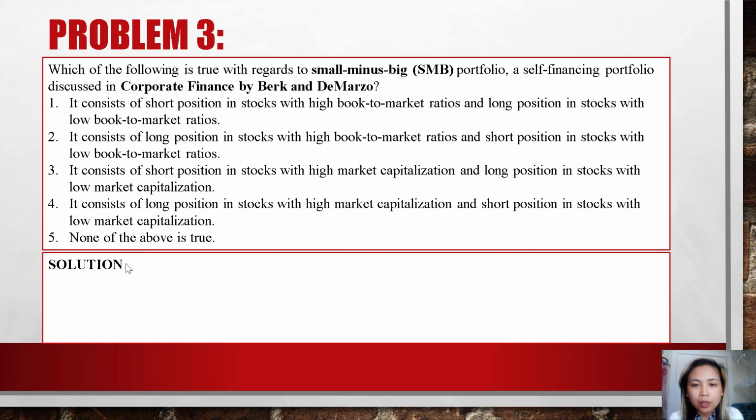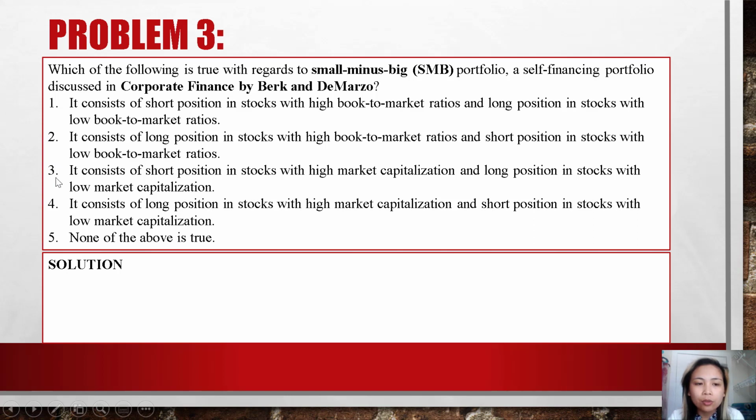And I want you to keep in mind that SMB should go with market capitalization, and HML should follow the book to market ratio. So here when we read this statement, we can go ahead and eliminate 1 and 2 because SMB is not relevant to the high book to market ratio and the low book to market ratio. So we can go ahead and eliminate 1 and 2.